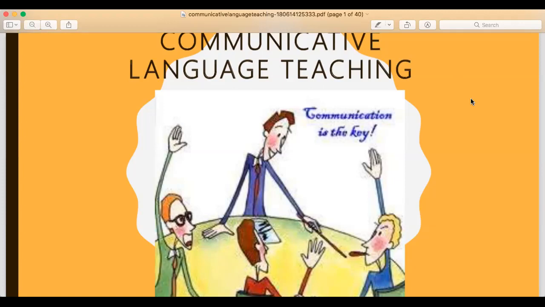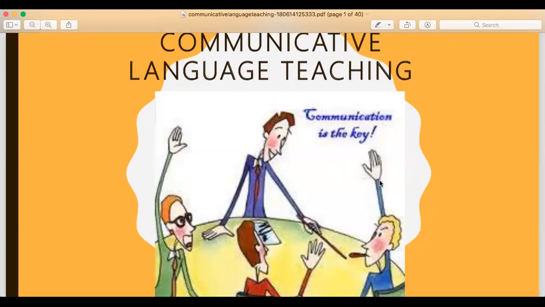Because it gives exposure to the actual use of language, because the aim is to make people functional in real life situations. And that can be done when they are given exposure, when they experience the real language of the native speakers. And this is what the teacher in a CLT classroom has done.